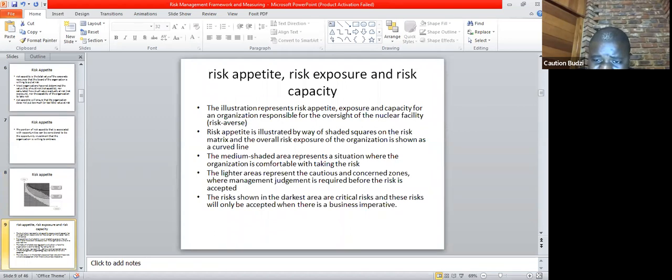The medium shade area represents the situation where the organization is comfortable with taking the risk. And the lighter areas represent the cautious and concerned zones where management judgment is required before the risk is accepted. And the risks shown in the darkest area are critical risks, and these risks will only be accepted when there is a business imperative.